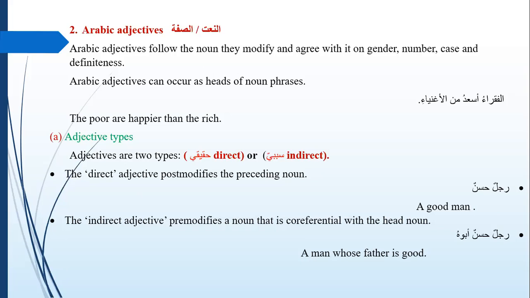رجل قوي. طالب مجتهد. فتاة مجتهدة. طالب ذكي. طالبة ذكية. لاحظ الطالب الذكي، البنت الذكية أو الطالبة الذكية. لاحظ أنه ال التعريف أخذت ال التعريف، إذا الصفة أخذت ال التعريف. مؤنث مؤنث، مذكر مذكر، حتى الكيس نفس الشيء. هذا الشيء لا ينطبق على اللغة الإنجليزية. وأيضا الصفات في اللغة العربية تجمع. الصفات في اللغة الإنجليزية لا تجمع.